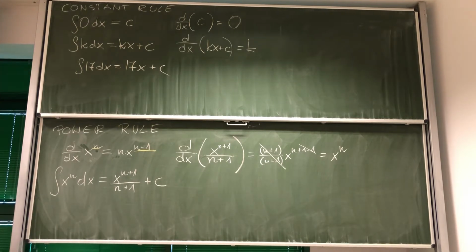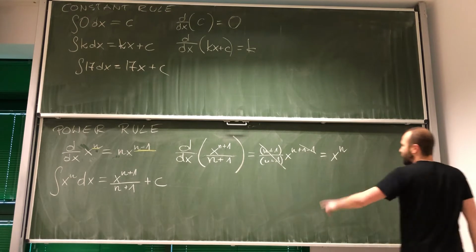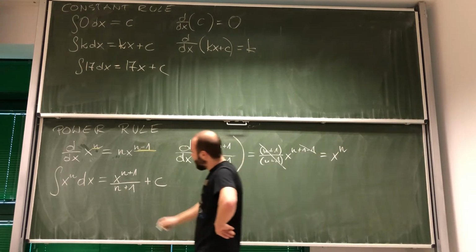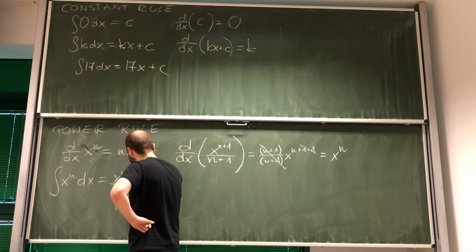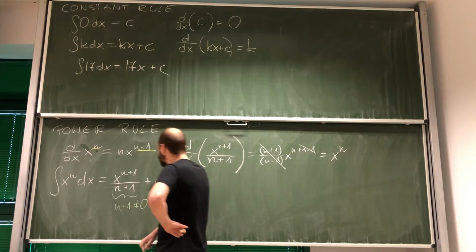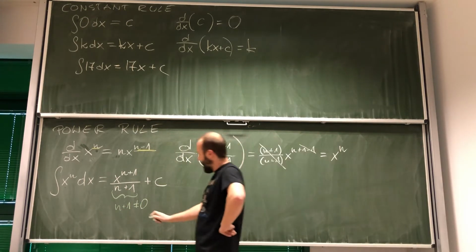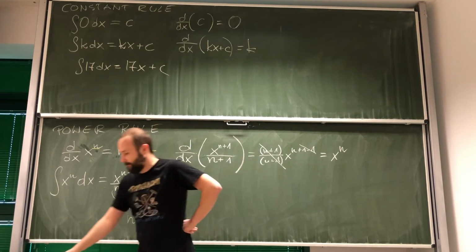But now, when you look at this solution, you might say, wait. It cannot be that we can now use n in every power. Why? Well, definitely we see here n plus 1. And n plus 1 must be different than 0, which means that n must be different than -1.